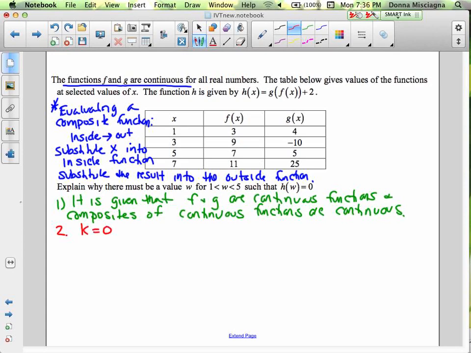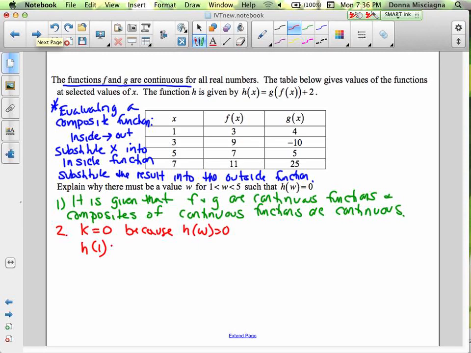That's our 0. h of w equals 0, that's what we're interested in here. All right, so now let's find h of 1 and h of 5.